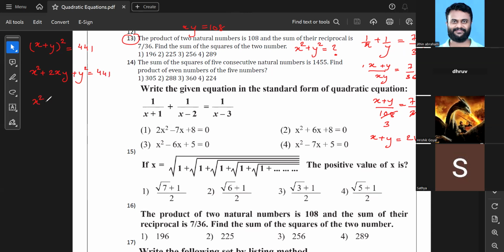Now, x square plus y square I'll keep together, which I have to find. Instead of xy, I'll substitute 108. 108 multiplied by 2 gives 216. So x square plus y square is equal to 441 minus 216, which is 225. 225 will be your correct answer.